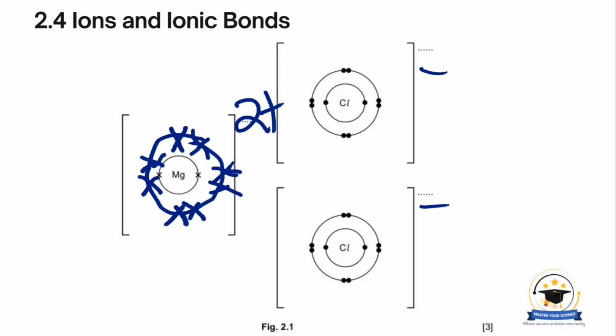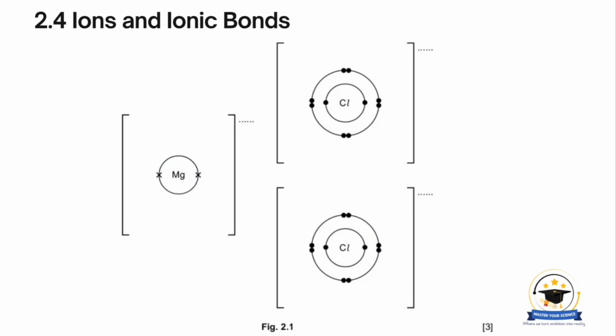Chlorine is also a period 3 element, so it will have 3 shells, and chlorine will still have 3 shells because it's gaining an electron to fill the outermost shell. So from what is drawn here, we can see 2 shells, so we need to put in the third shell, which is full with 8 electrons. So draw in our third shell here.